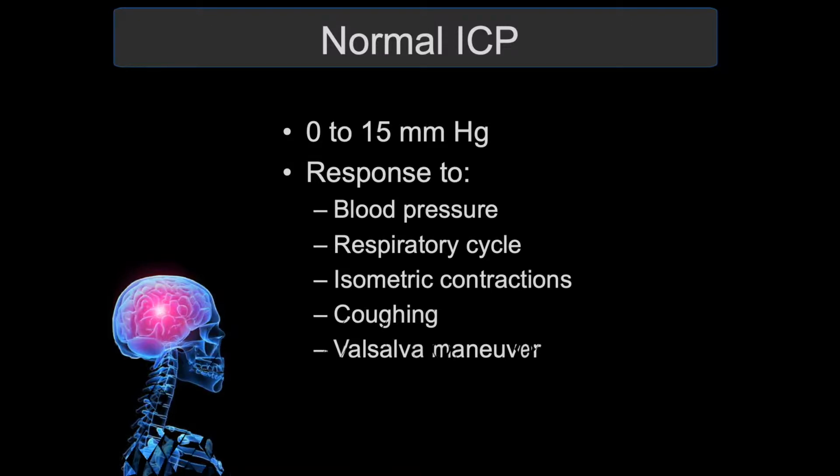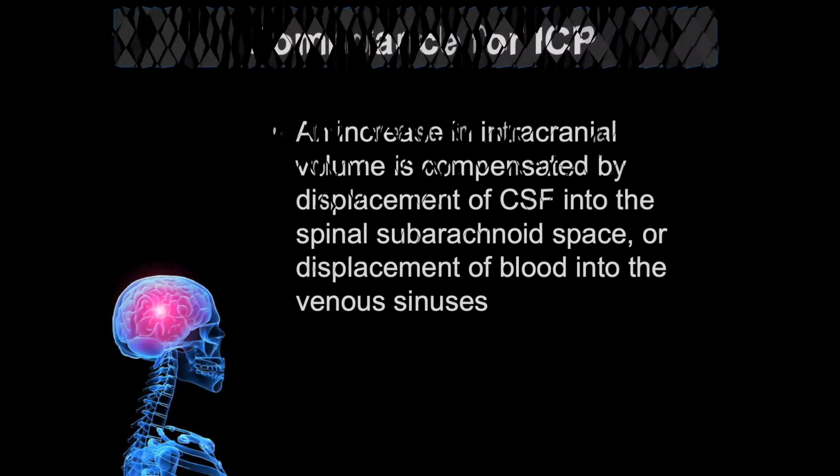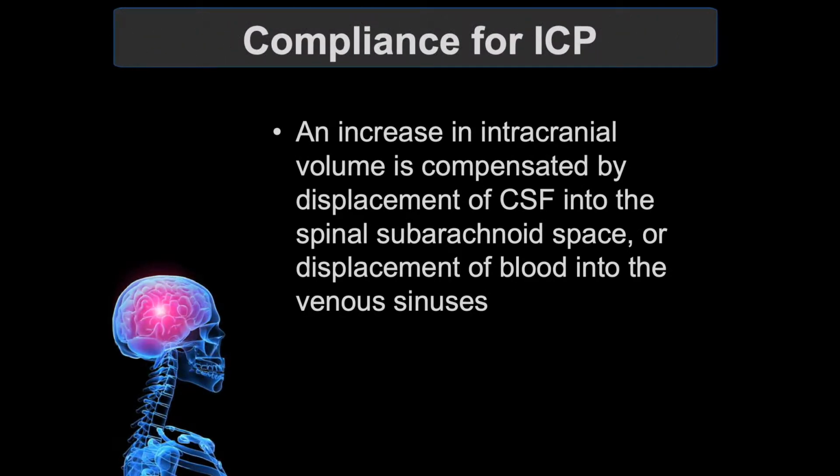An increase in intracranial volume is compensated by displacement of CSF into the spinal subarachnoid space or displacement of blood into the venous sinuses. As long as the brain can compensate for an increase in volume and remain compliant, increases in ICP are minimal.